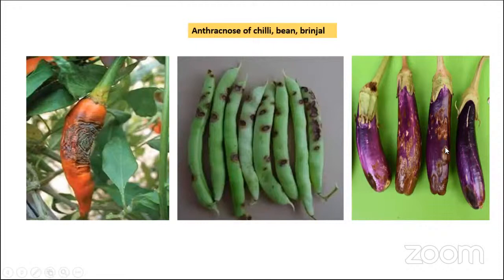You can see in this brinjal also there are concentric rings, which are characteristic of anthracnose. These concentric rings are caused by two pathogens, Colletotrichum and Alternaria. So these are the typical symptoms of the two diseases.